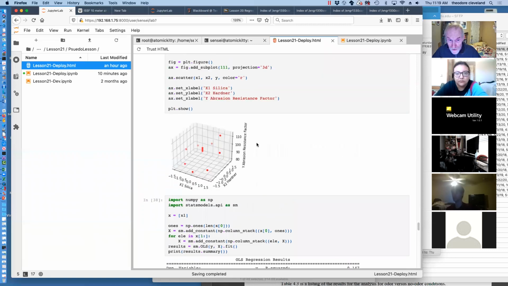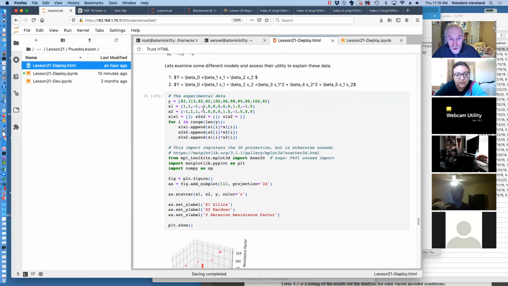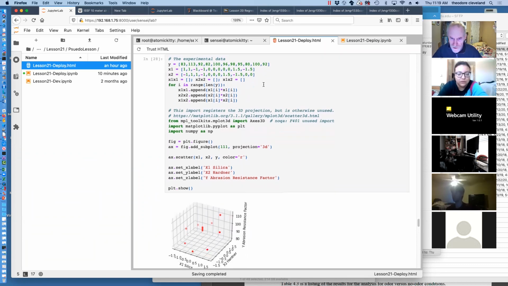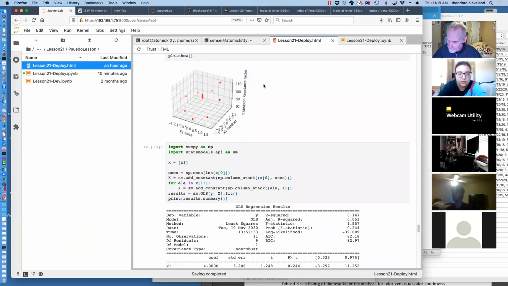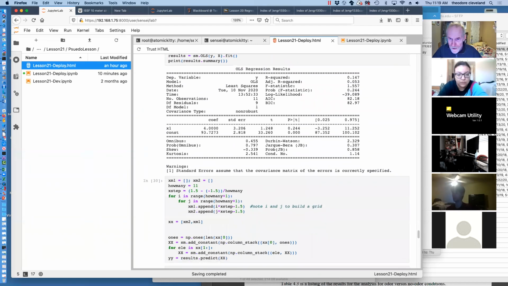So there was our first case. Here's our model 1: beta 0, beta 1 x1, beta 2 x2, shown in beautiful LaTeX typesetting. And the R-squared for that model was 0.147.